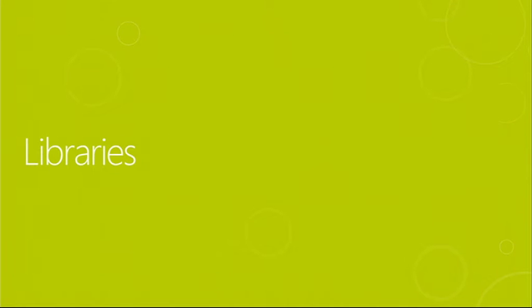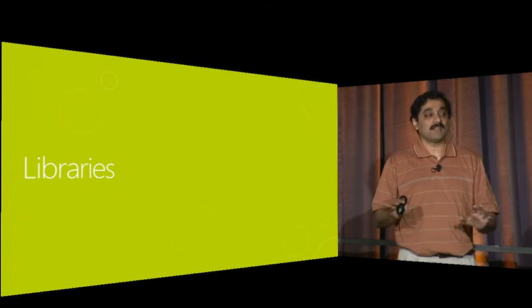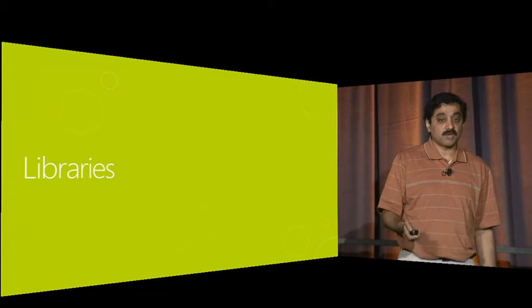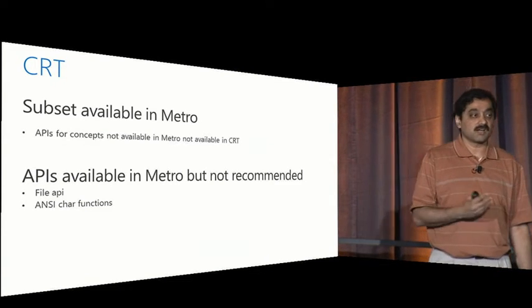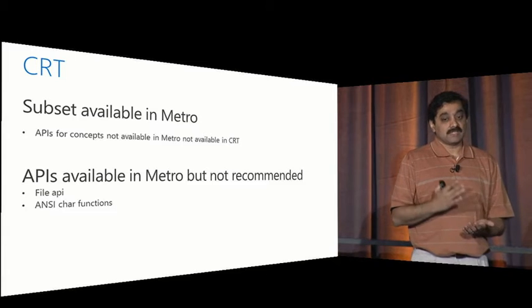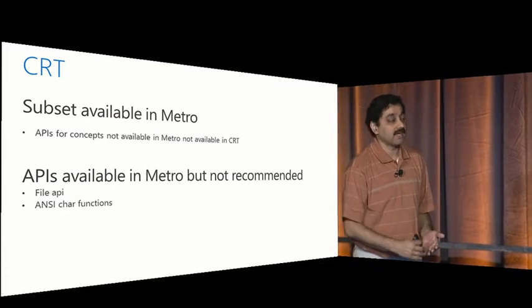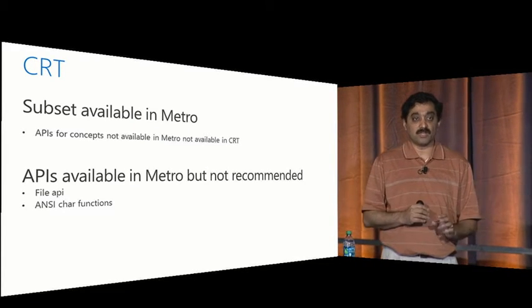So let's go to libraries. That was the message where you have to rewrite. There's no option. Let's talk about other libraries that we ship with C++. CRT is the big one. A subset of the APIs is available in Metro, a big subset. The next slide goes through which APIs are not available and why.